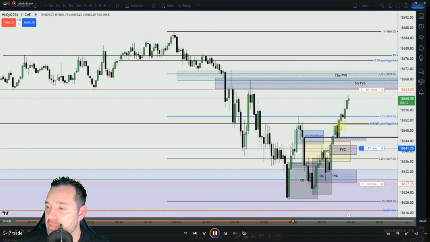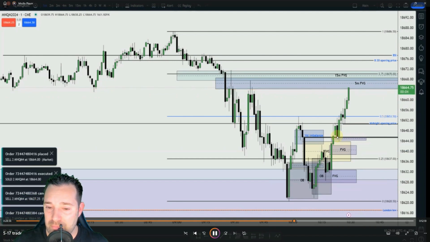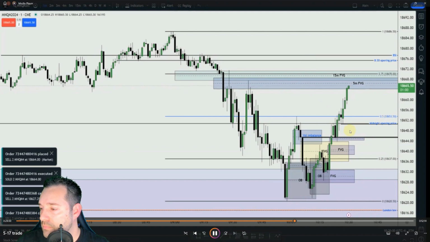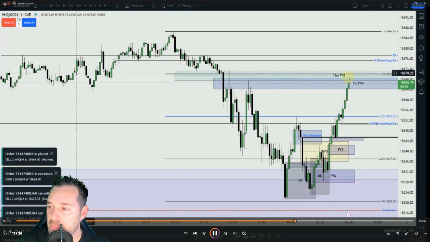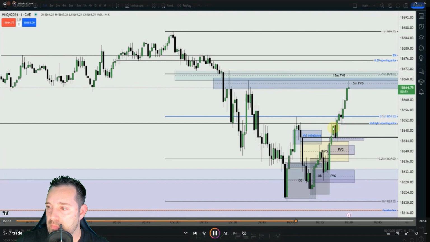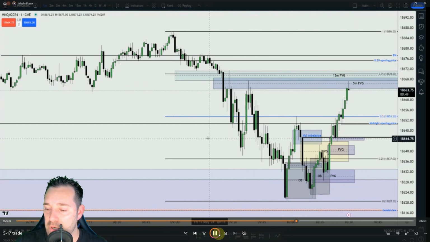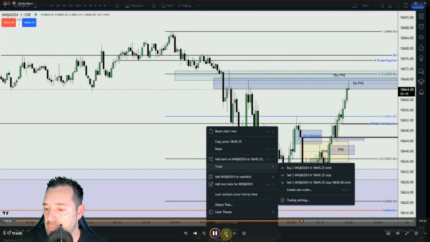If price comes back down below these little wicks right here, then I might start thinking maybe it might not go. Bam, there we go. Profit. And like I said, it could rebalance all this and it could keep going. But like I said, I was going for the low-hanging fruit. It's typically what I do until I get better.